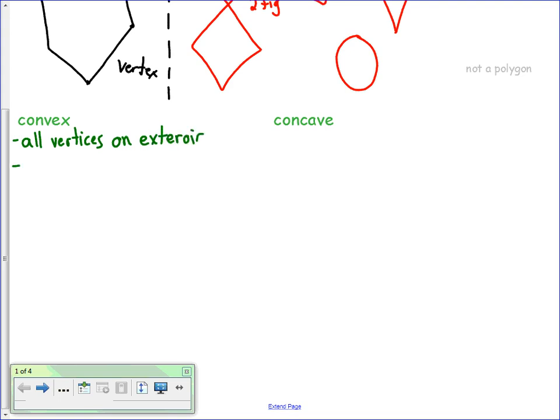Or another way of saying it, all diagonals are inside the polygon.